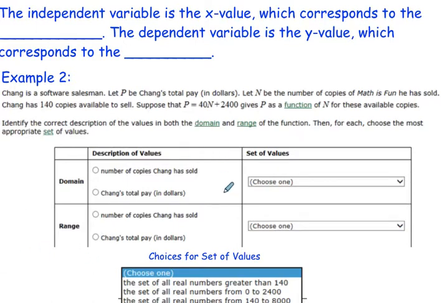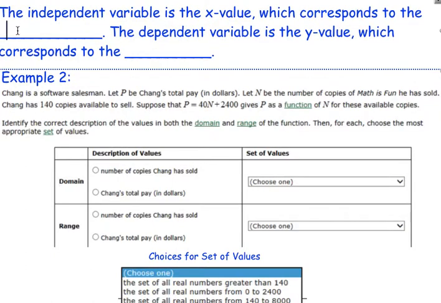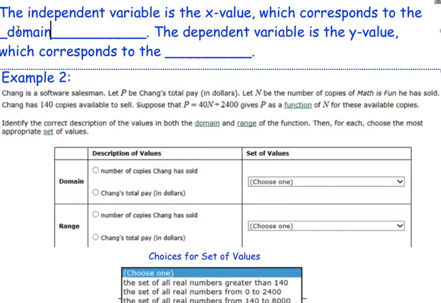So on the last screen, we said that independent values were our x values and that those corresponded to the domain. And then the dependent variable, which is your y value then, corresponds to your range. So we have domain and range coming into play here again for us as we look at this next example.